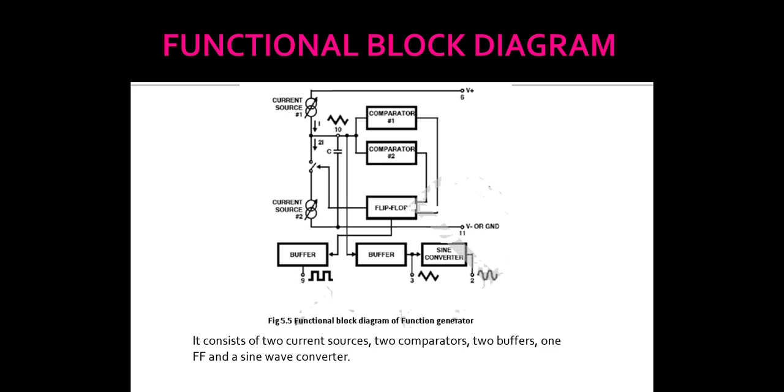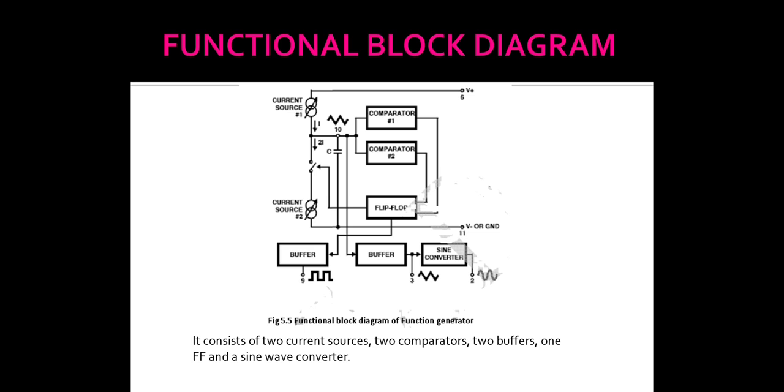We know the comparator output is either plus V saturation or minus V saturation. The outputs of the comparators are given to the flip-flop. The flip-flop output is given to the switch and also to the buffer. The flip-flop output is given to the first buffer, and the output of the buffer is a square waveform.